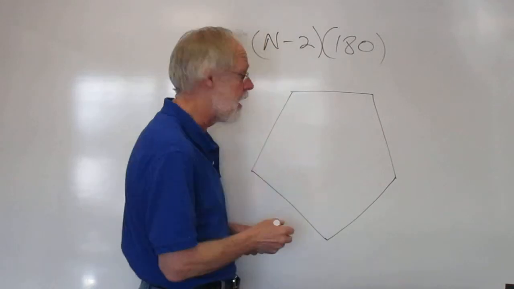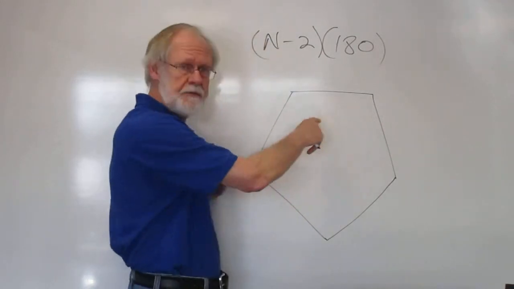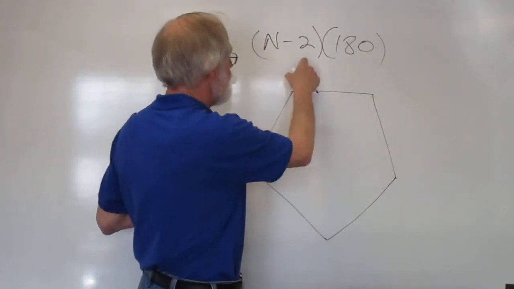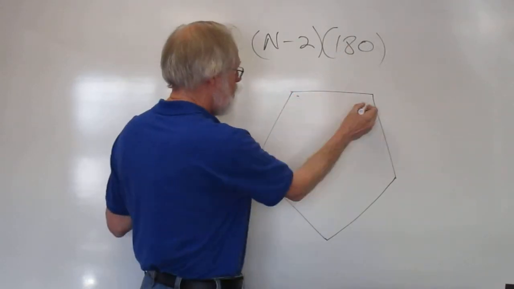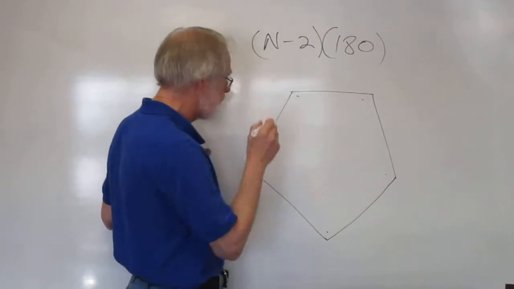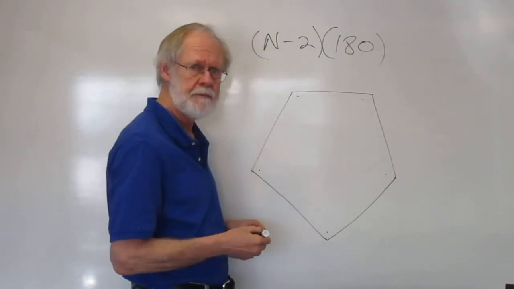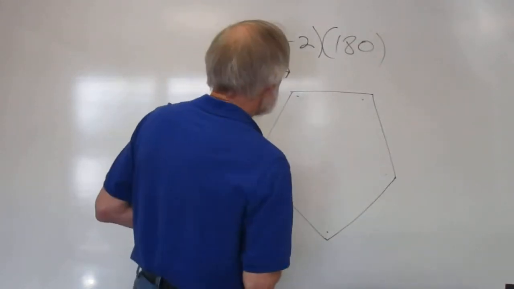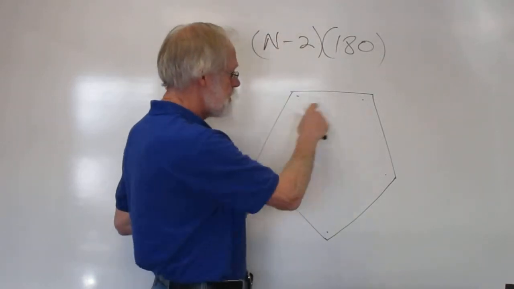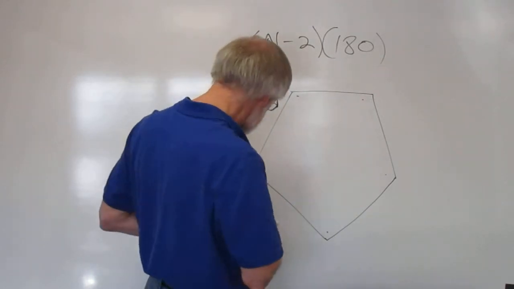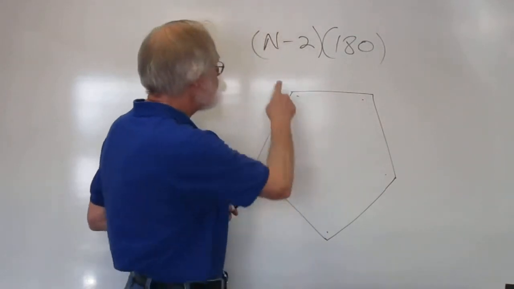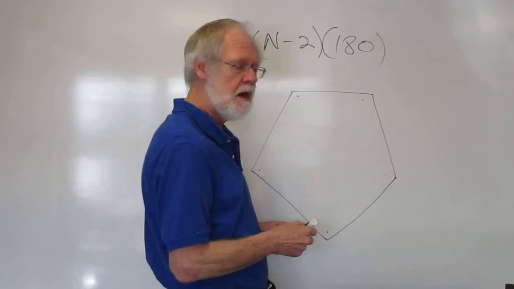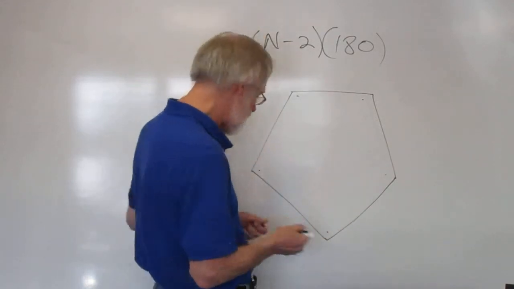In this case, this is a 5-sided figure, so it would be 5 minus 2 is 3, times 180 is 540. So all of these interior angles added up together make 540 degrees. That does not, of course, guarantee that they're all the same. For that to be the case, it has to be regular. But at least this will tell you how many degrees in all the interior angles.